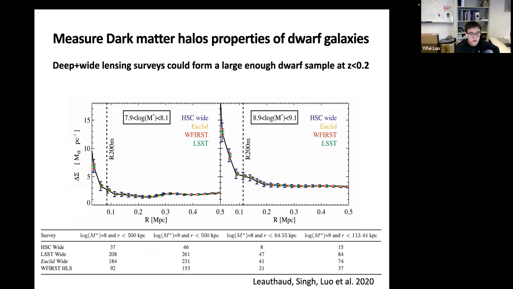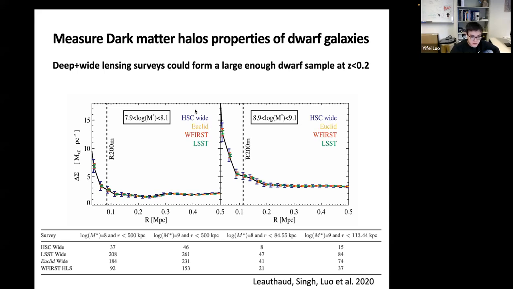We estimate the weak lensing signal to noise for 4 different surveys: HSC wide, Euclid, WFIRST, and LSST, for 2 kinds of dwarf halos, one about 10 to the 8 solar masses and one about 10 to the 9 solar masses.